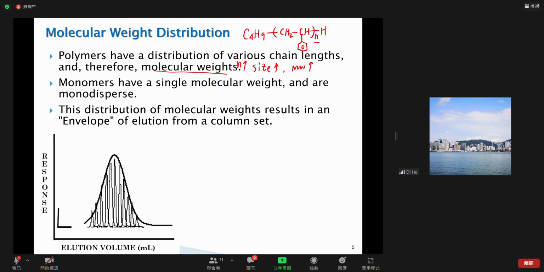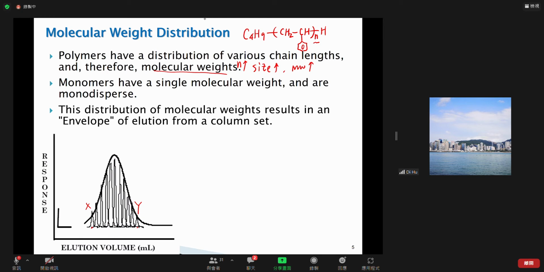Now we have peak X and peak Y. Can you tell me which of peak X and peak Y has the larger molecular weight?